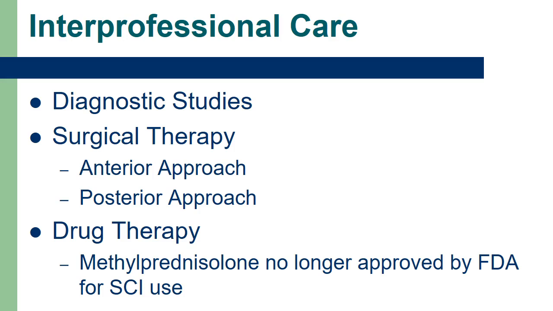So, anterior approach or posterior approach, obviously anterior being from the front side. Again, it just depends on the other internal injuries that are going on, and really it depends on the surgeon's preference as to what they think is going to be the best response from this type of surgery. Sometimes both approaches are needed.